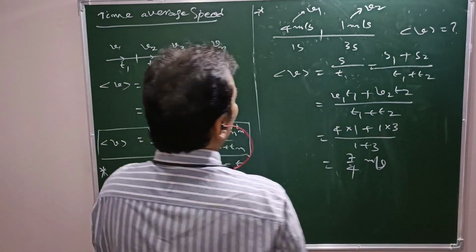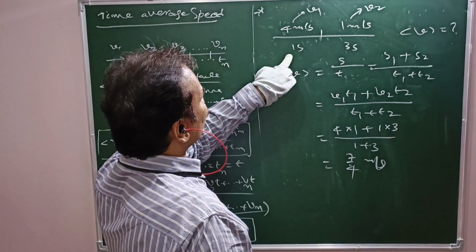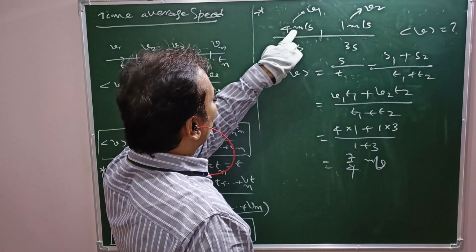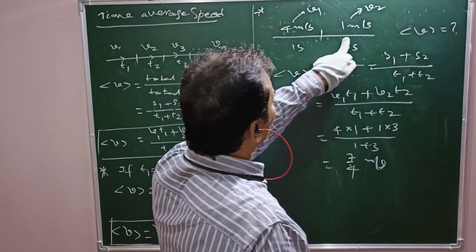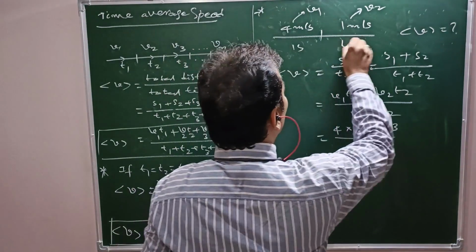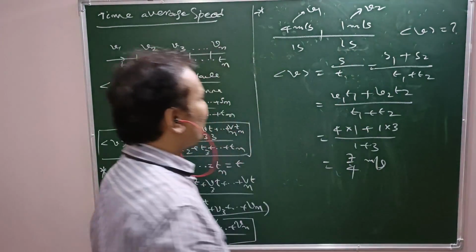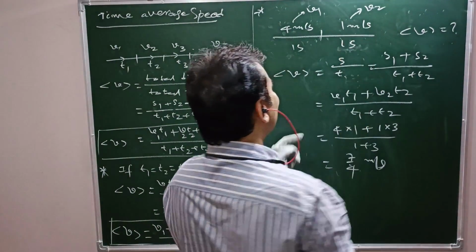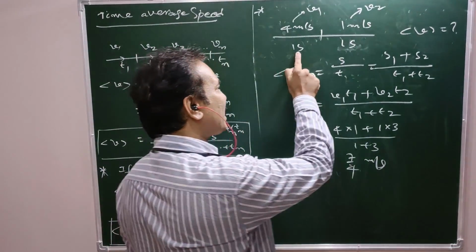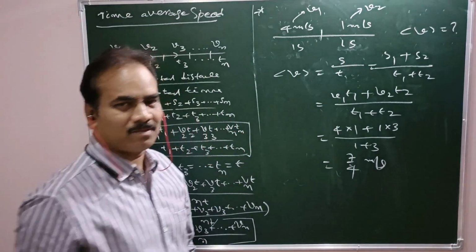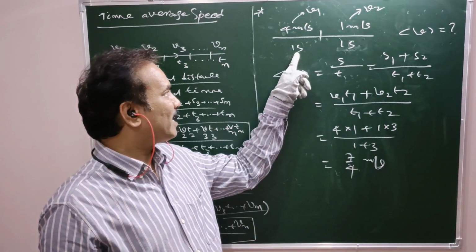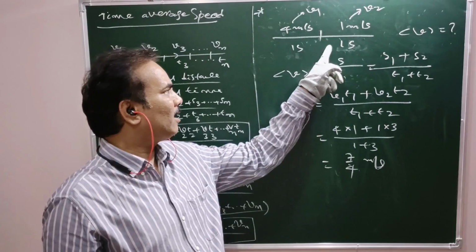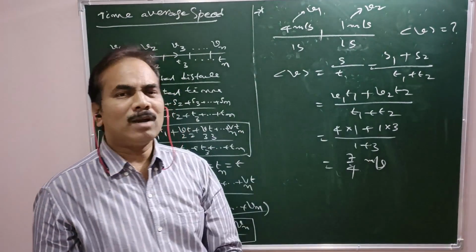Suppose in the first 1 second it moves with 4 meters per second, and in the next 1 second it moves with 1 meter per second. See, what is the total time of journey here? 1 second plus 1 second, that is 2 seconds. So in the first second it moves with 4 meters per second, and in the remaining 1 second it moves with 1 meter per second.